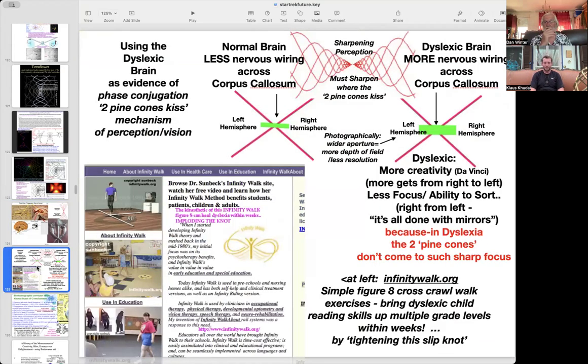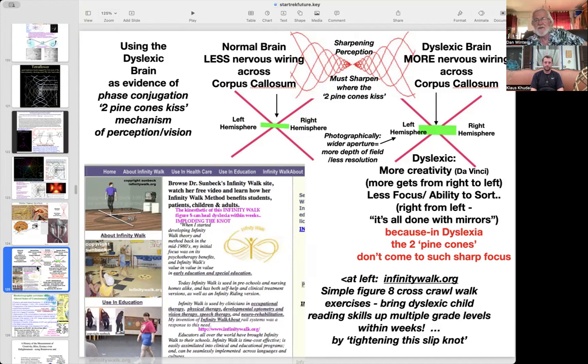And so an example of that working inside the brain, like the idea of brain gym, is this concept of infinity walk by Deborah Lawrence, a friend, who basically, when you walk in a figure 8 and then you do the cross crawl, and you can do it to your favorite music too, the forcing the blood flow to cross the corpus callosum makes the corpus callosum get hot, actually.